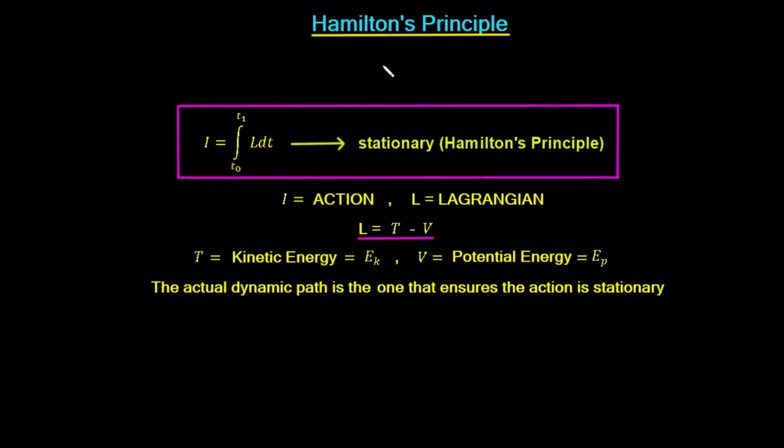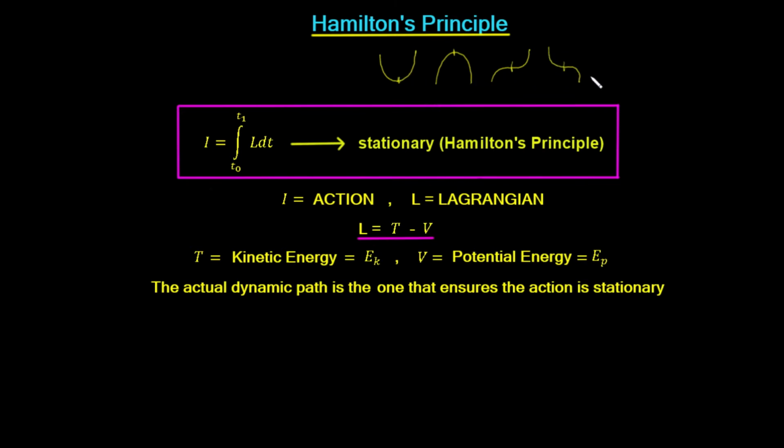So if it was a minimum, we would have a minimum point here, but it could also be a maximum, so we could have a maximum point here. The other option is that it would be neither a maximum nor a minimum. In that case we would have a point of inflection, and we could have a point of inflection this way, and this way.